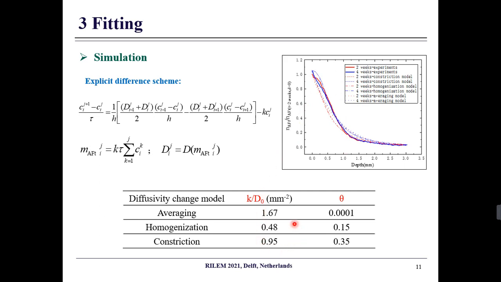The results indicate that the reaction kinetic coefficient is about 1 per square meter, and the reduction parameters in the homogenization and constriction model are close to 1, which matches the simulated results shown before. But for the average model, the reduction parameters are extraordinarily small. So I have to say the obtained fitting values are only for model comparison, and if we want to simulate a real situation, real kinetic data are needed.